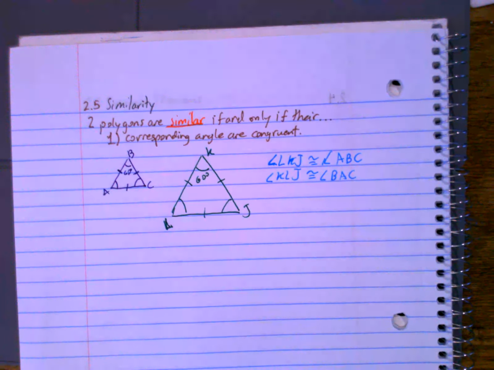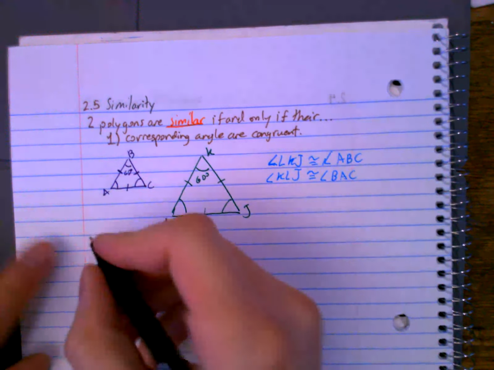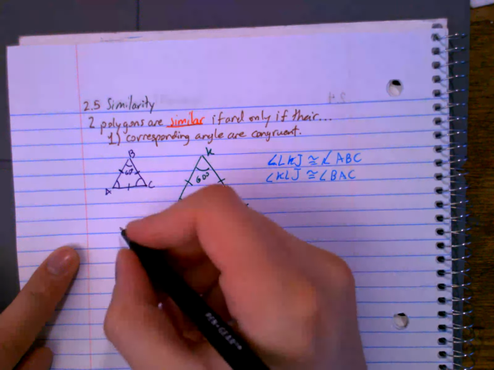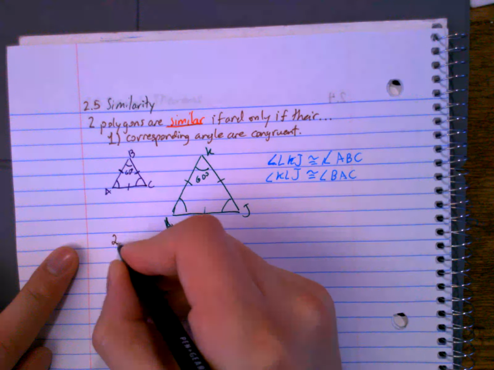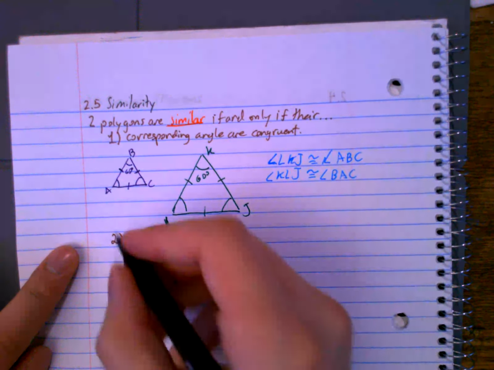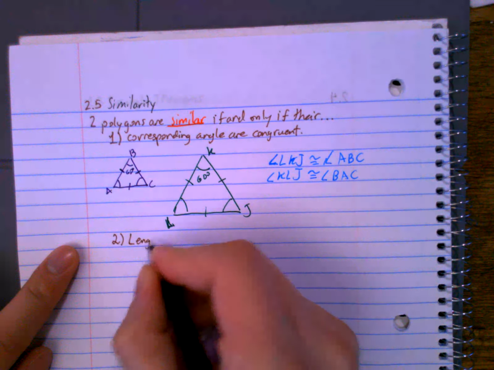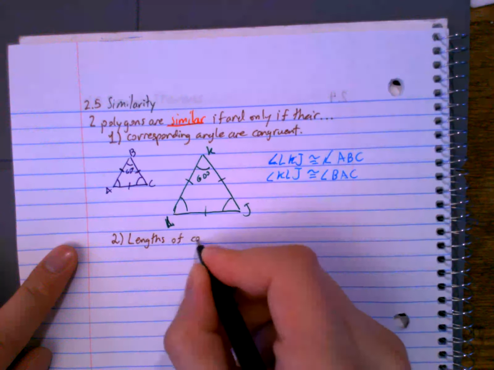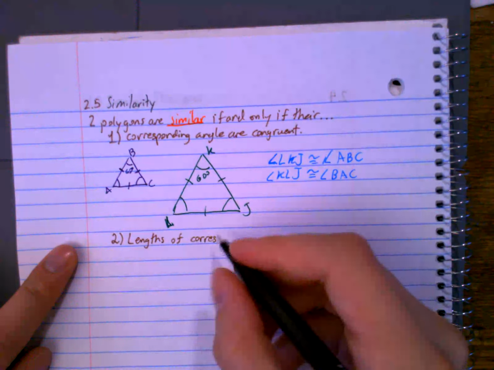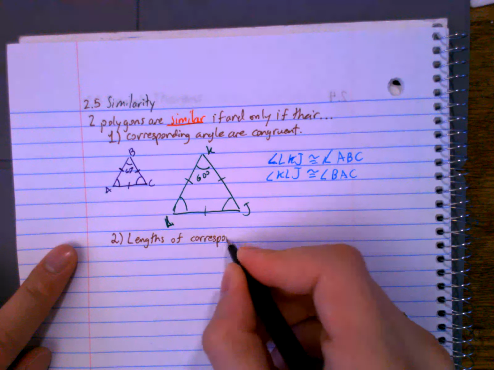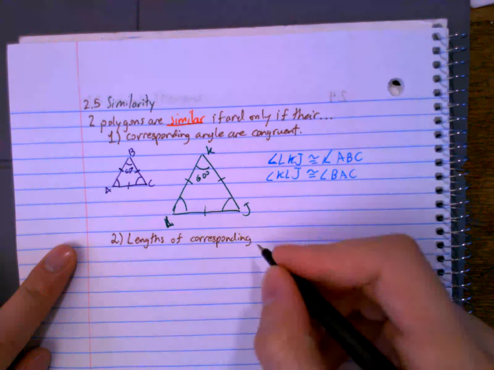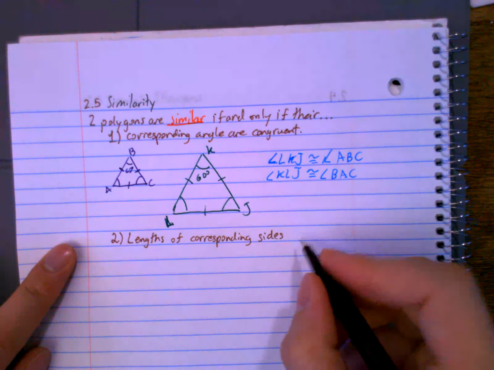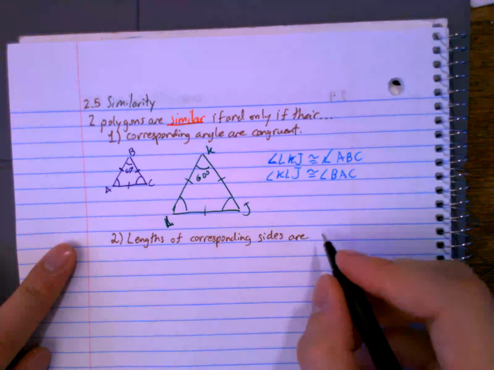The second rule, so number 2, lengths of corresponding sides are proportional.